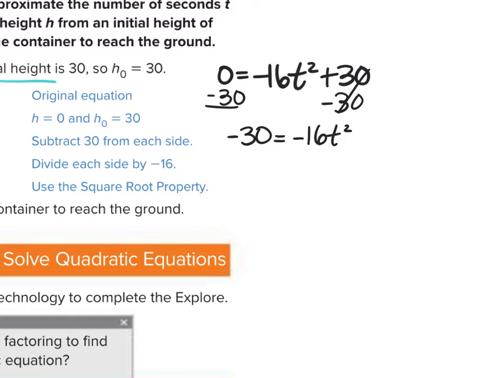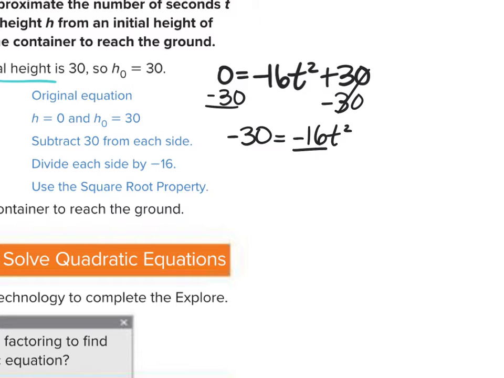So now, how could I move the negative 16 to the other side? Think like, if it were just like this, what would you do to get t by itself? They're stuck together. Yes, Tori, you would divide. So I'm going to divide.